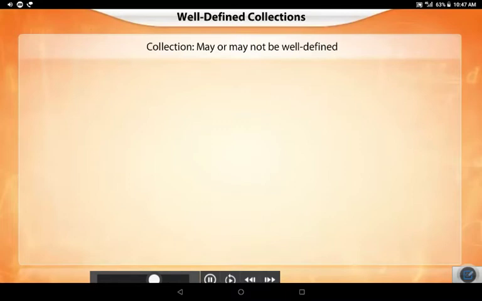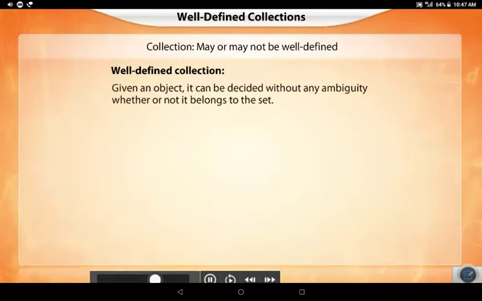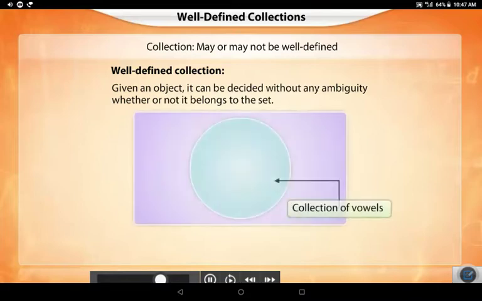A collection is said to be well-defined when we can decide without any ambiguity whether a given object belongs to the collection. For example, consider that we need to write a collection of vowels in English. Now consider the objects A, B, and 1. It can be definitely said that A belongs to the collection.